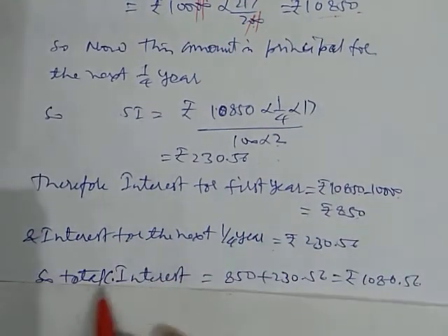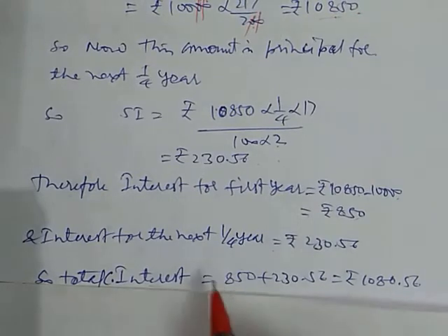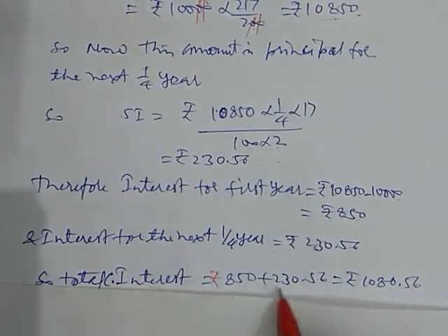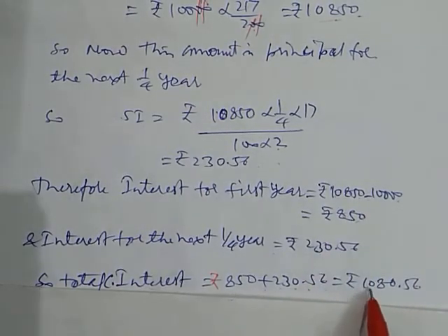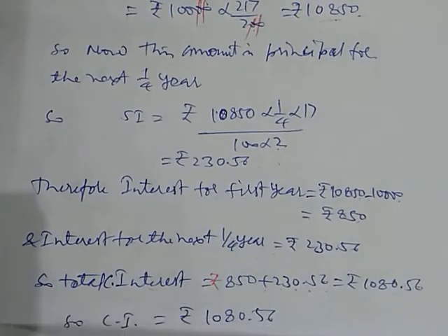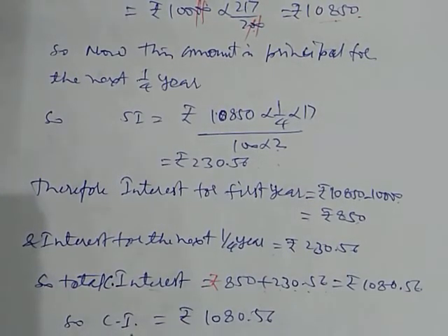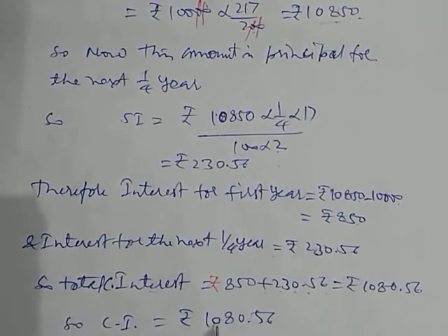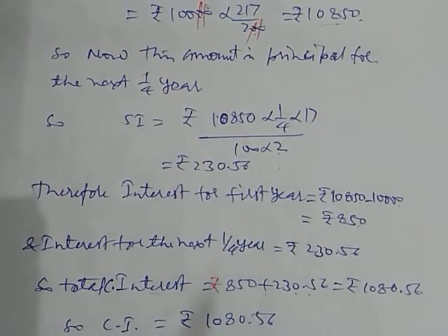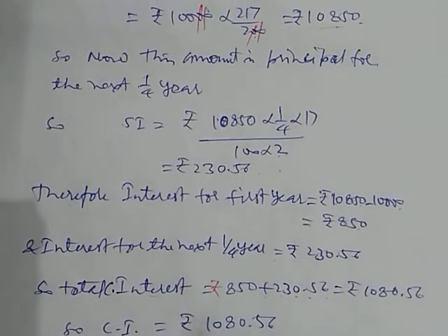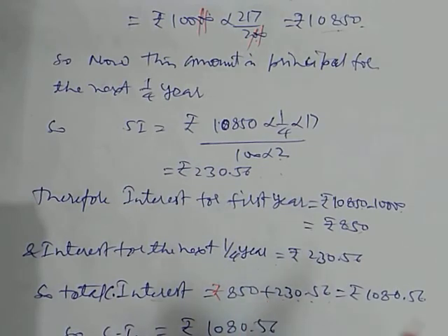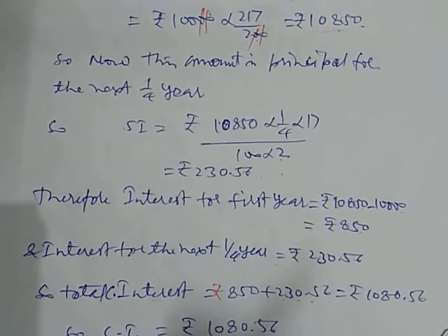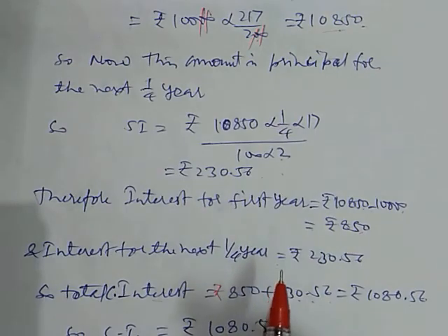So the total compound interest is 850 plus 230.56, that is rupees 1080.56. This way we solve the problem when we compound the interest half yearly or quarterly. So take care of this and solve the problems this way.